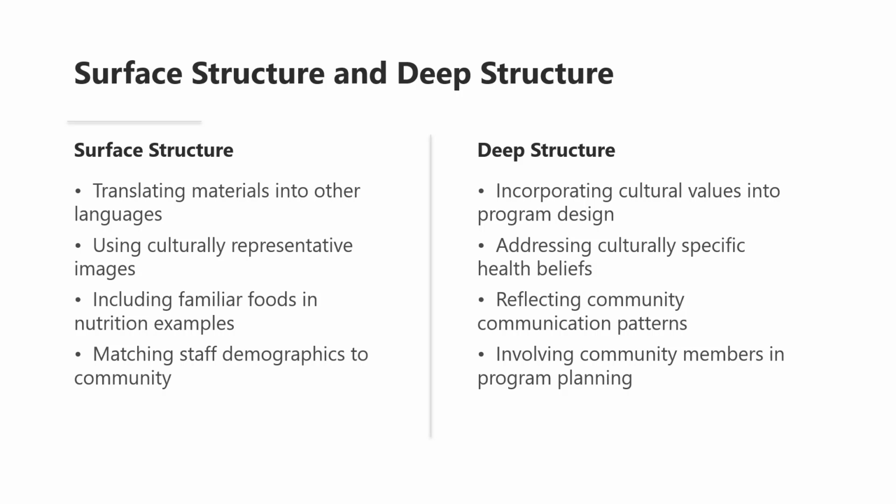This approach, often called community-based participatory research or participatory program development, ensures that the program genuinely reflects the community's perspectives and priorities. When you commit to both levels of adaptation, you are showing genuine respect for the community you serve.